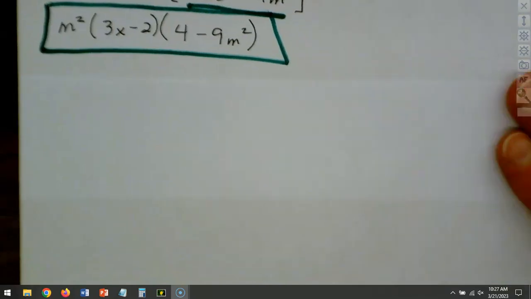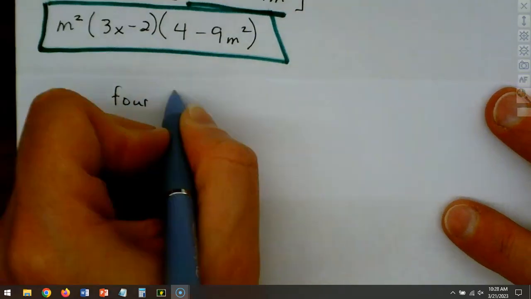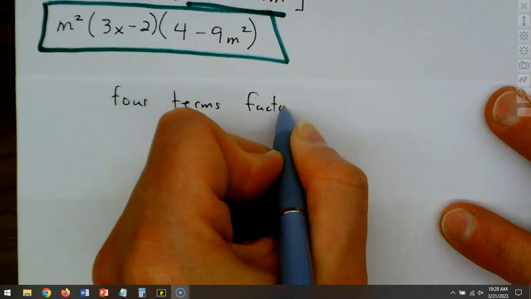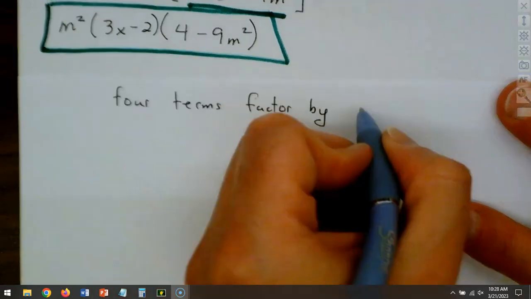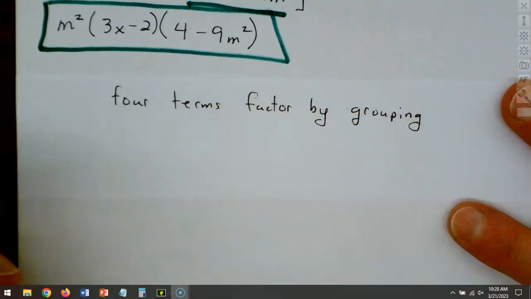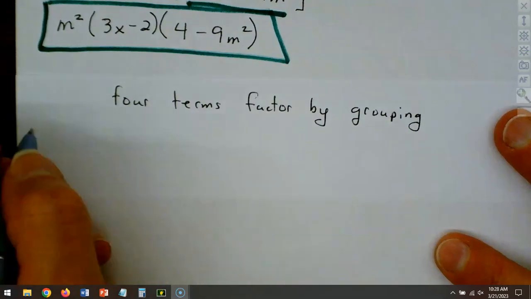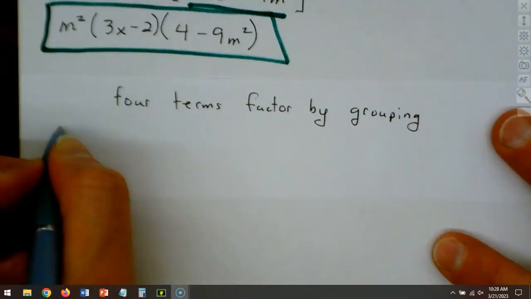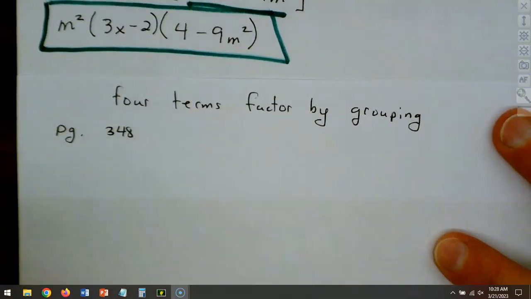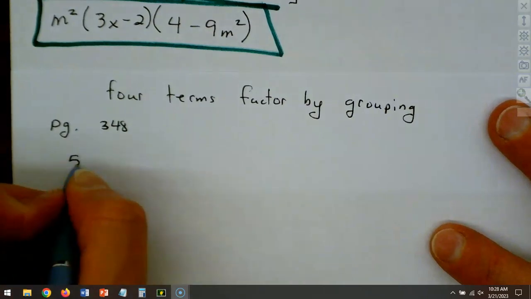And if you have 4 terms, you factor by grouping. And we're going to do several of these. These are actually on page 348. And we'll start with 54.